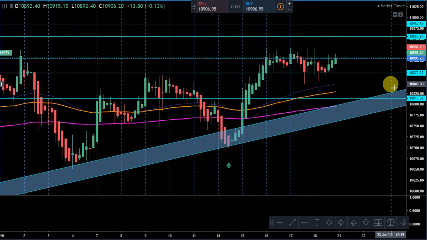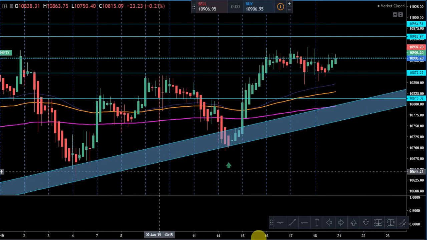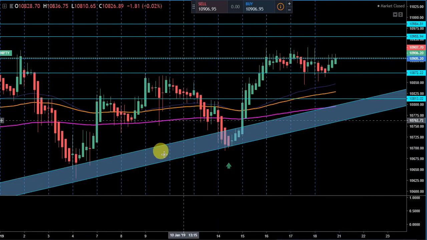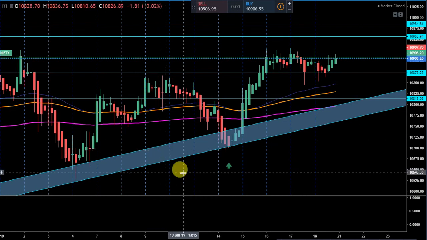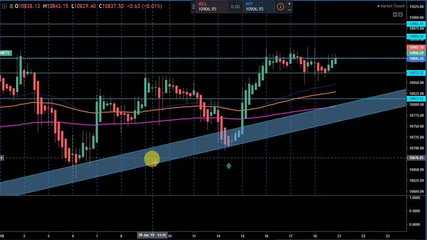If you see this trend line, I drew it maybe on 14th Jan or 15th Jan, two to three days ago.